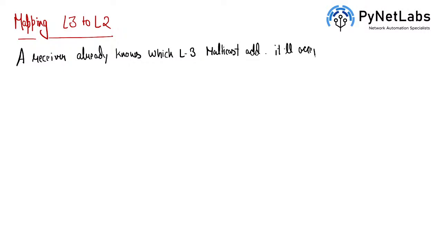This works at the application layer, works down the stack, and ultimately results in the NIC card accepting that layer 3 multicast address which I was talking about previously.